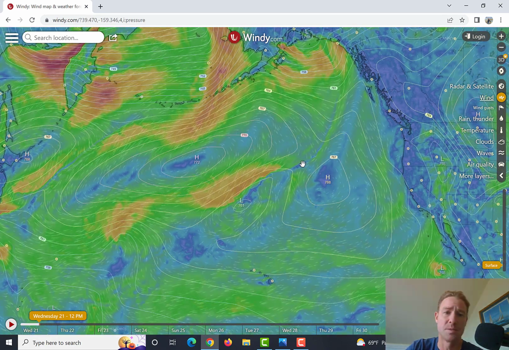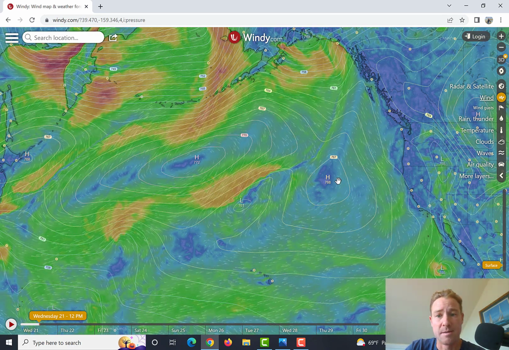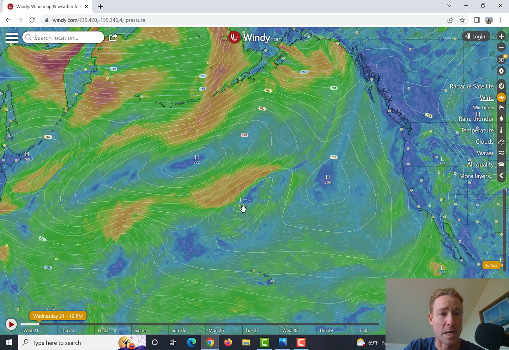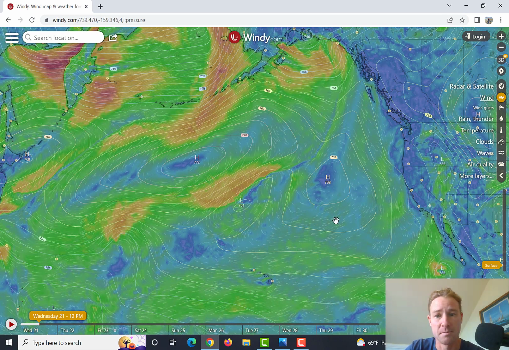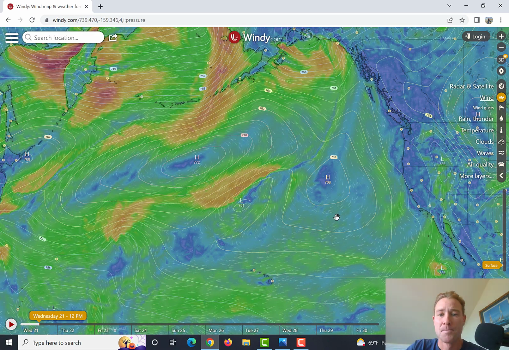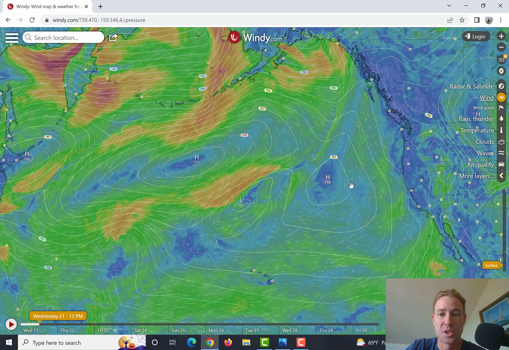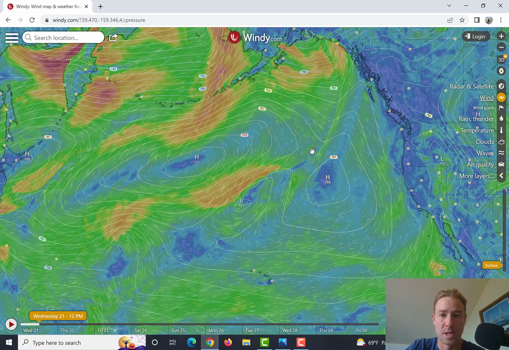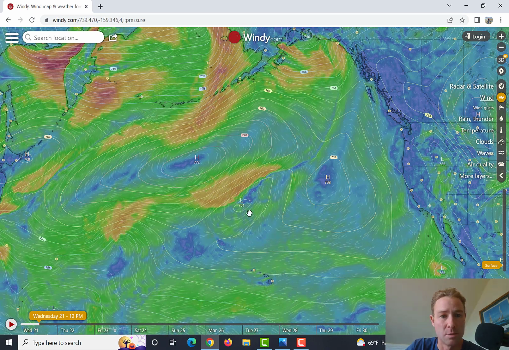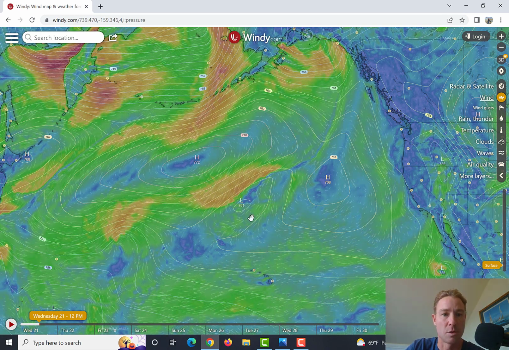And we see a bunch of different animations, but we're looking at high pressures and we're looking at low pressures. And in the northern hemisphere, just to give you a little bit of education, if you're not familiar with this, when you're in the northern hemisphere, high pressures will always turn clockwise. Okay, they'll always turn clockwise, whereas low pressures will always turn counterclockwise in the northern hemisphere.